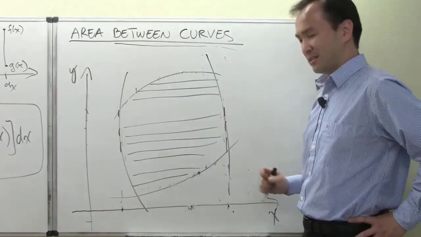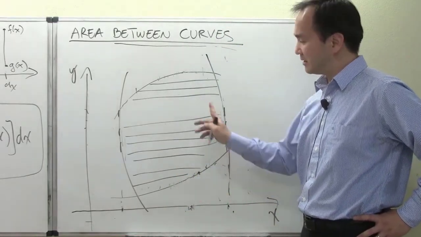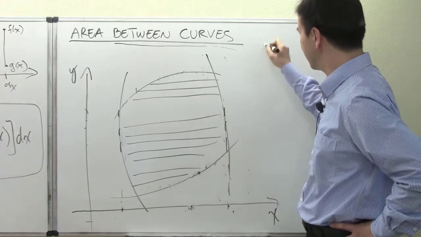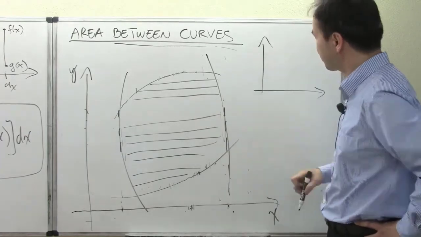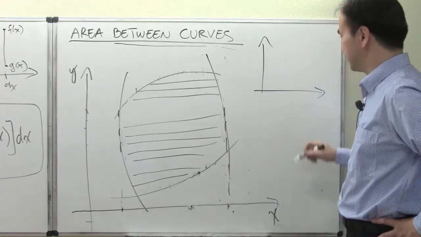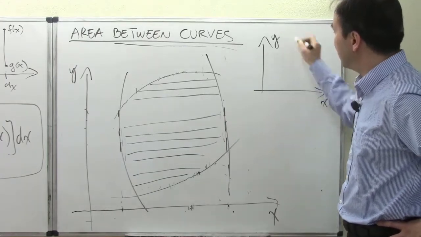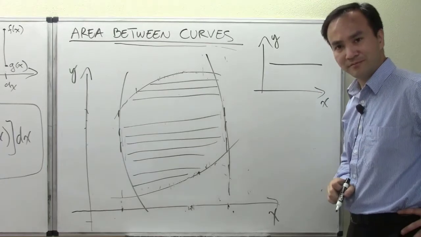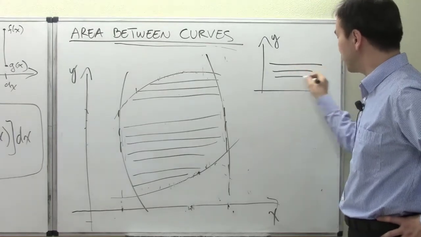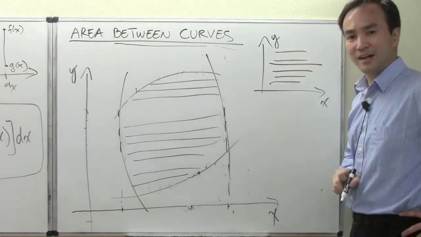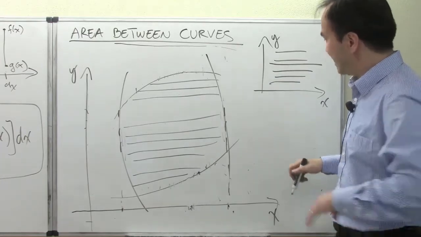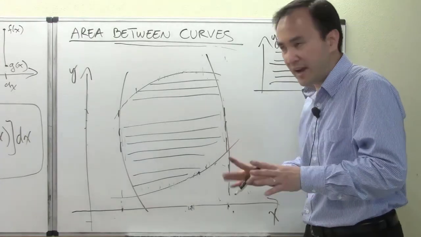Now in the end, what I want to point out here is that the stripe in this case, in reference to the x and y axis, is horizontal. Any stripe is horizontal, up and down, up and down. And in that way, any stripe has thickness.